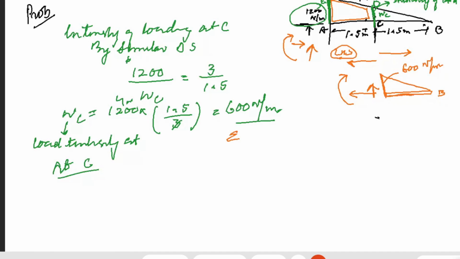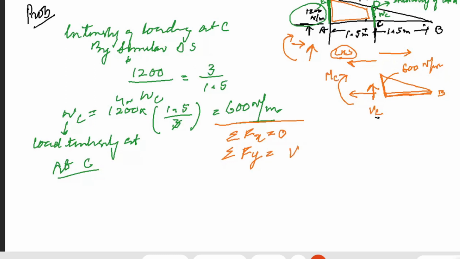Summation of forces in x: no force is in x, so it is 0. Summation of forces in y: at point C, you will have VC, you will have MC.